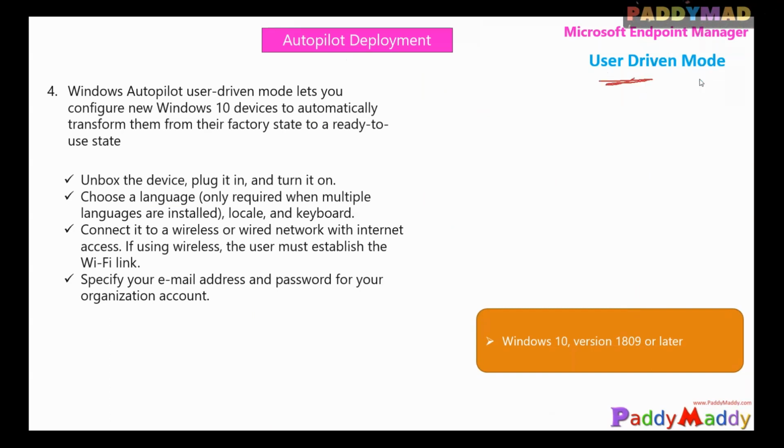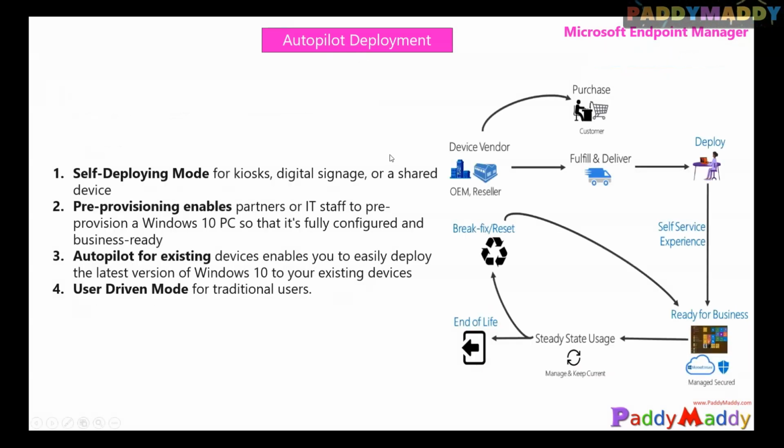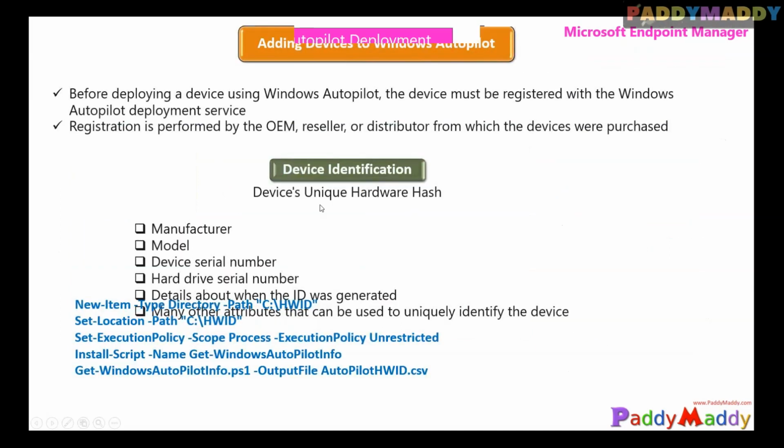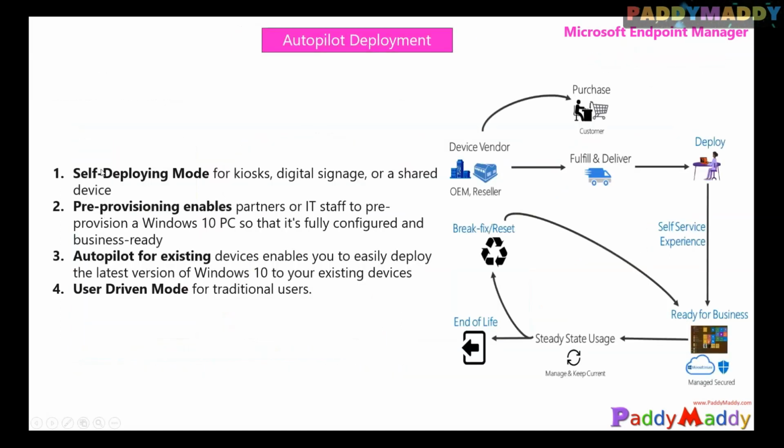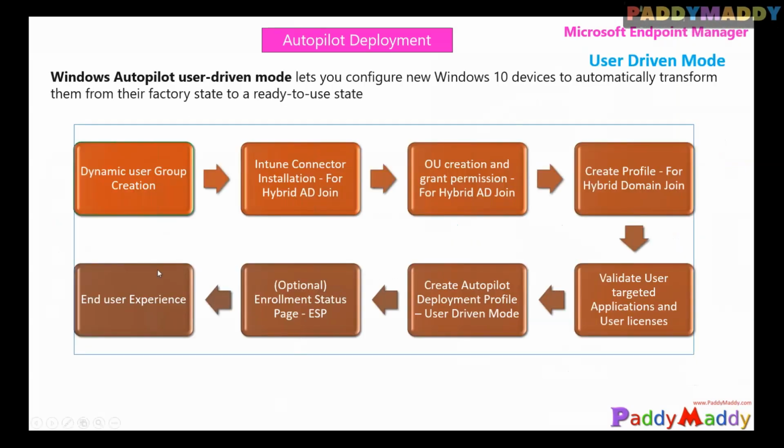Let me talk about some other concepts related to Autopilot now. We talked about these four different options. Out of those, the first one to learn should always be user driven, then go for this and go for this. These are the normal user driven mode options.